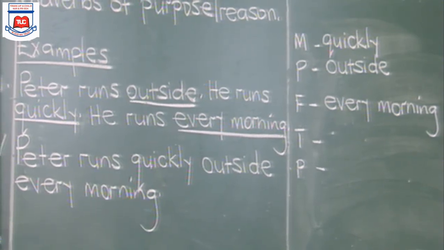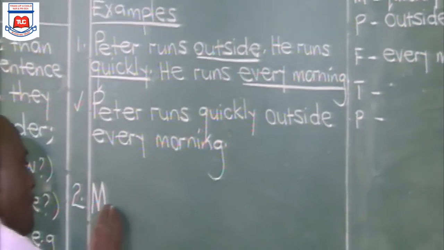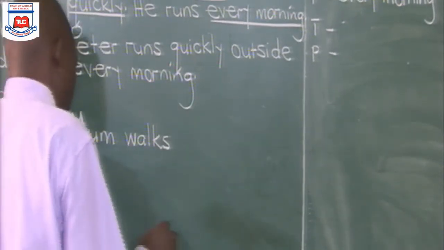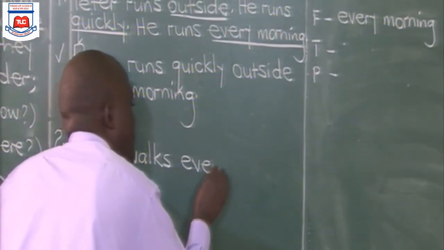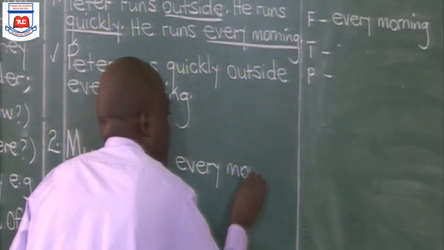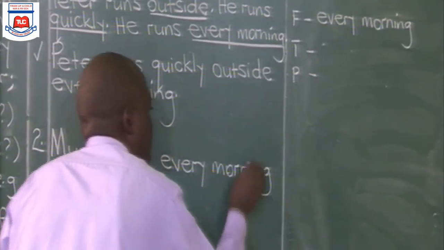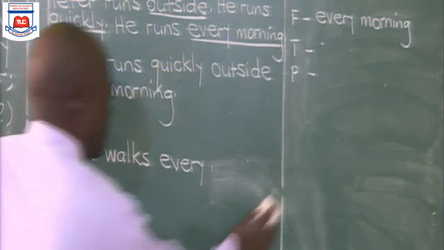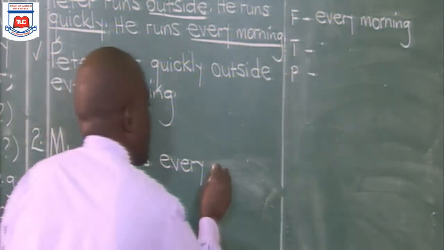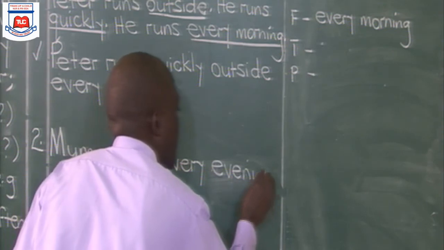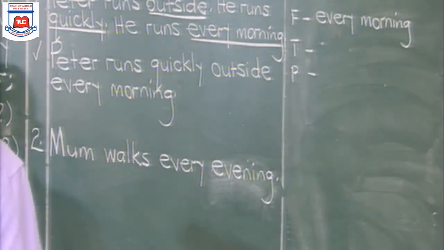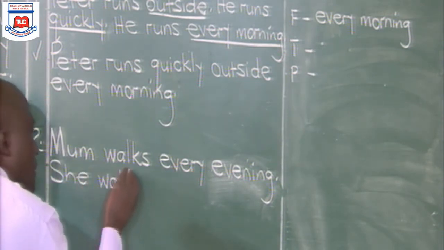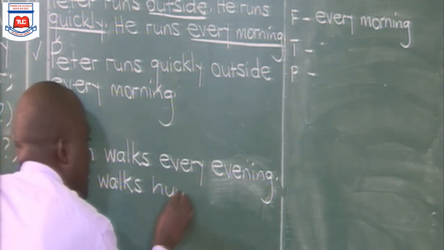So let us look at number 2. Number 2 is saying, Mom walks every morning. Let's have evening. Mom walks every evening. She walks hurriedly.